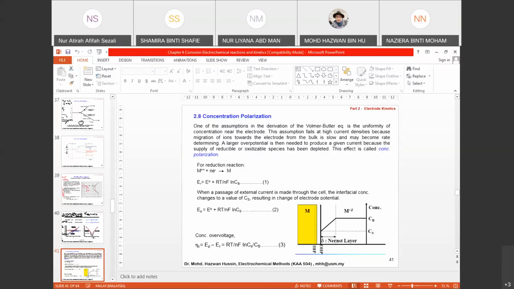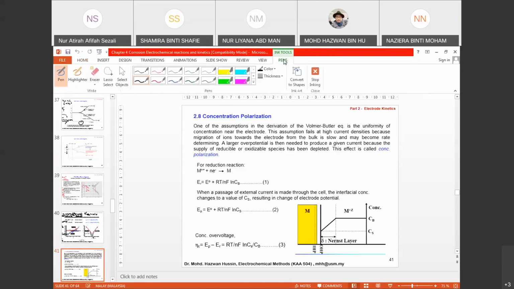Okay, so concentration polarization considers the effect of, as I said before, the concentration effect. That is why the name itself indicates the phenomenon. So if you still remember about the double layer, we have electrodes. And when the electrode is basically oxidized, the first process that happens is actually migration.